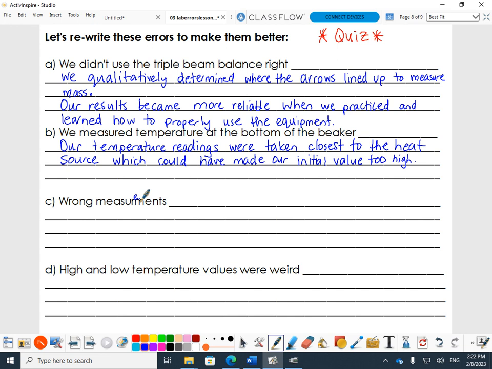Then you could say the wrong equipment was used to measure volume. The beaker used to measure volume had 5% error in its calibrations. And right there, that's introducing error in your measurements.